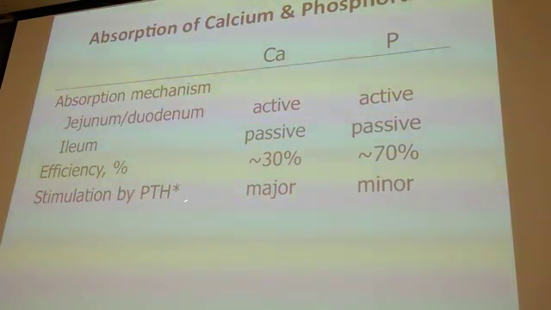So parathyroid hormone, or PTH, and we'll come back to this hormone, can indirectly increase the intestinal absorption of calcium via a metabolite, the active form of vitamin D. So we'll come back to talking about these regulatory mechanisms. Okay, whereas phosphorus, which is taken up pretty efficiently from the GI tract, doesn't undergo this really robust increase in absorption in response to parathyroid hormone.